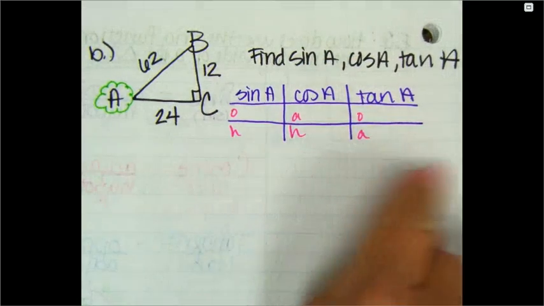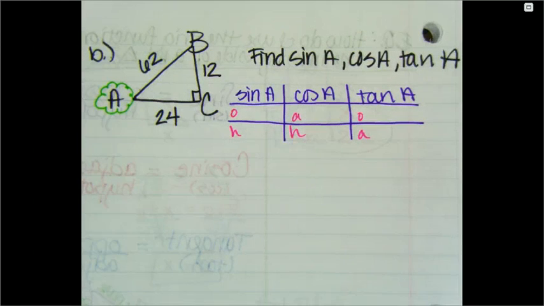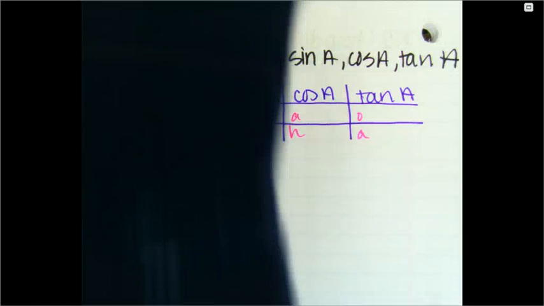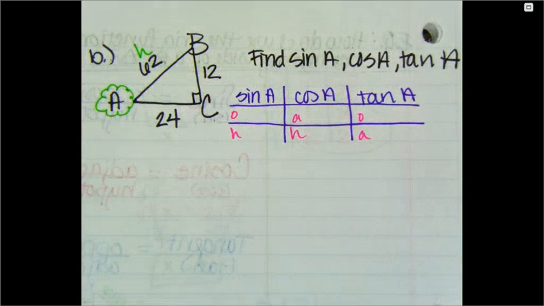Okay, your chart should look like this no matter what, yes? I have circled the angle A. I need to know my hypotenuse. Which one is my hypotenuse? 62. That should be easy. Everyone should have that right, correct?